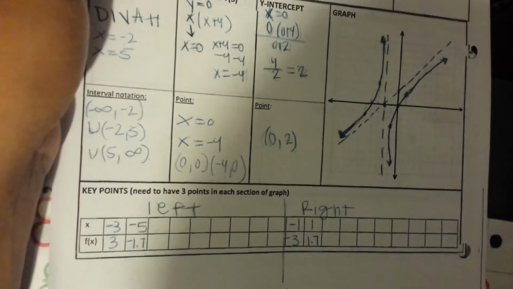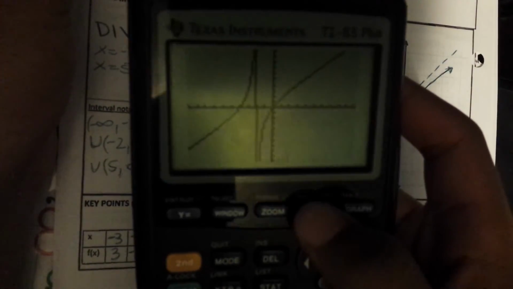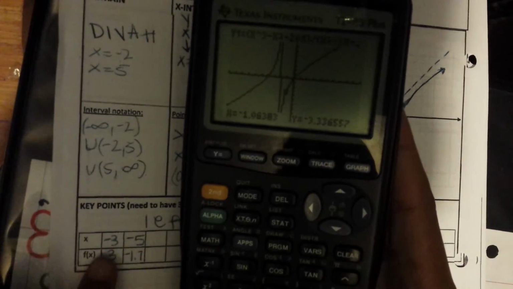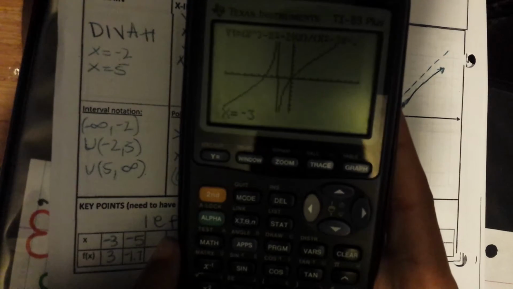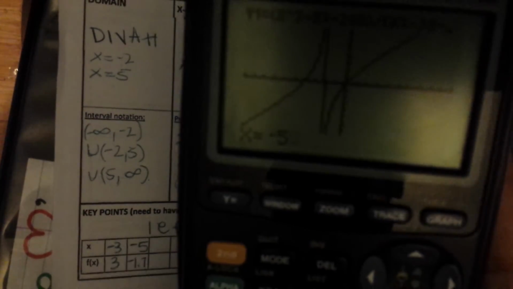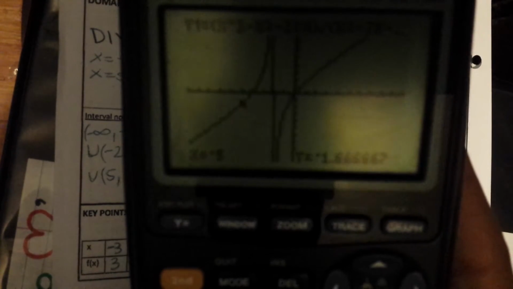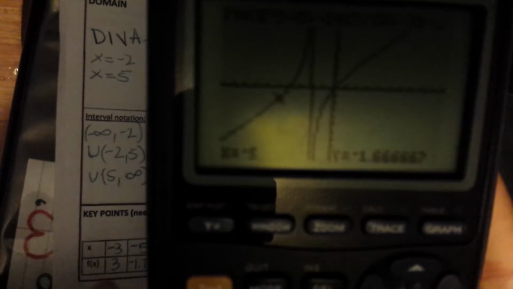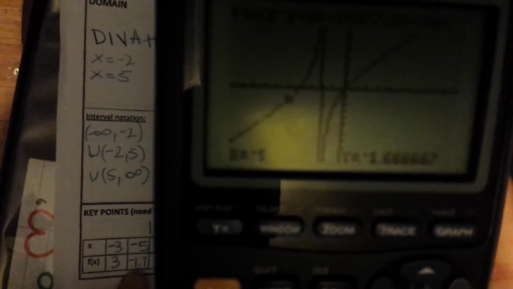So to find that, you go back here, then you hit trace, then you put negative 3, and that is 3. Then go again, hit trace, then negative 5, and that should be negative 1.6, but I rounded and put negative 1.7.